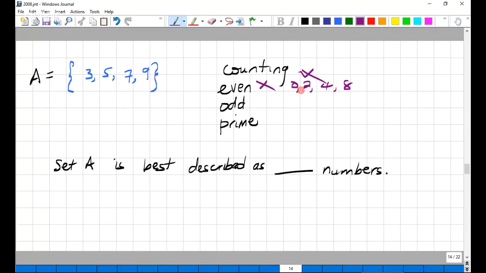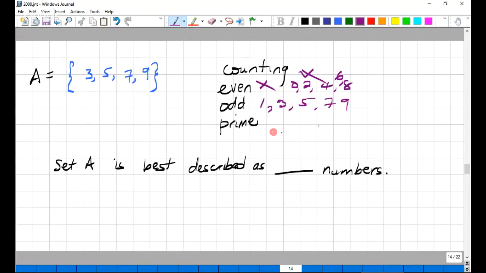Even numbers end with 0, 2, 4, 6, and 8. All right. Odd numbers now end with, sir, not prime numbers. Odd numbers end with 1, 3, 5, 7, or 9.